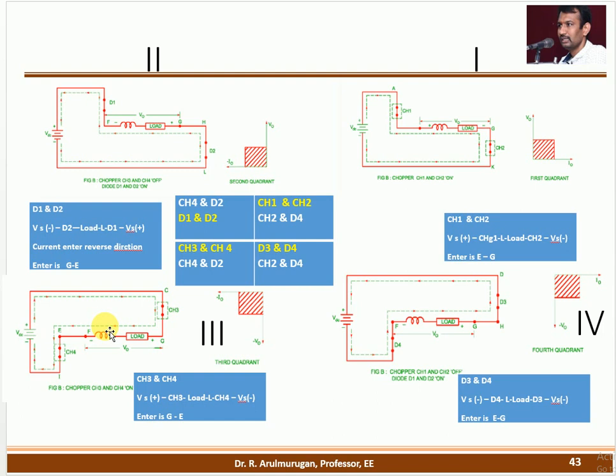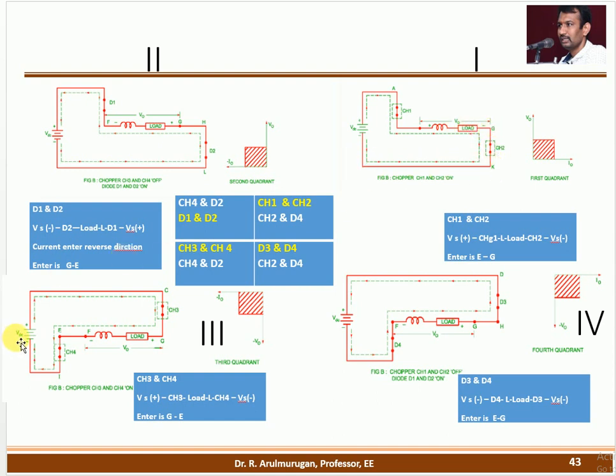Then what is the difference between 1 and 3? Both are motoring. One is forward motoring, and this third one is reverse motoring. Both are source to the load. The source to the inductance is plus with respect to the load, and you close it.